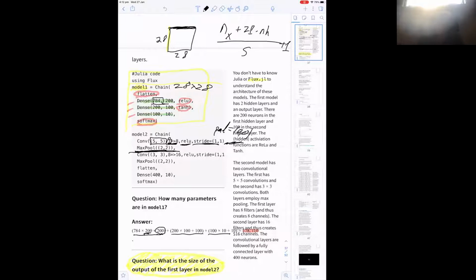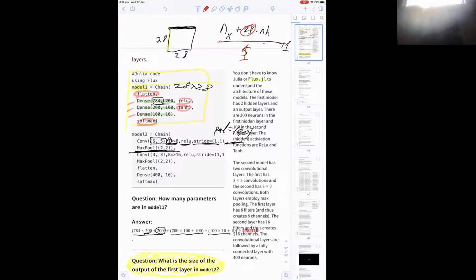In our case, the stride is just 1, and P is 0, so 2P is 0. So it's basically NX minus NH plus 1. So I see an answer 24 times 24 times 8, but let's do NX minus NH.